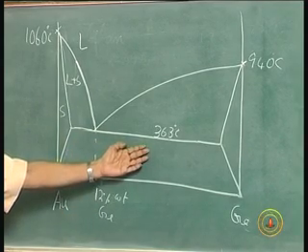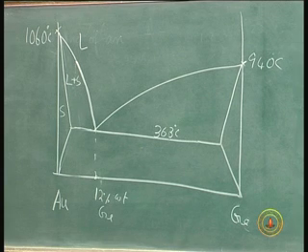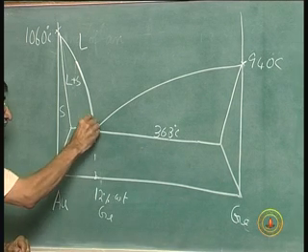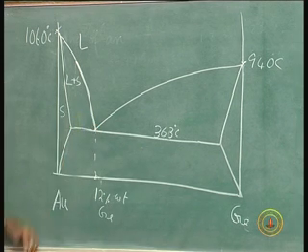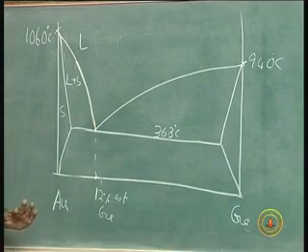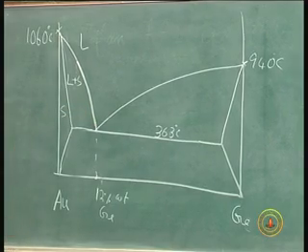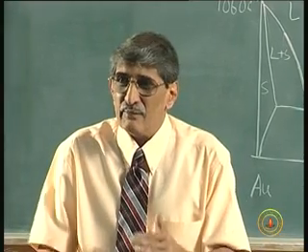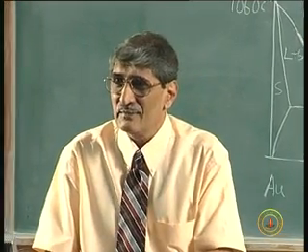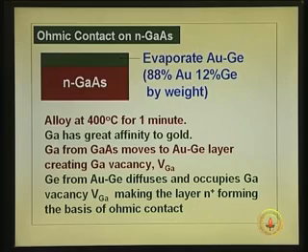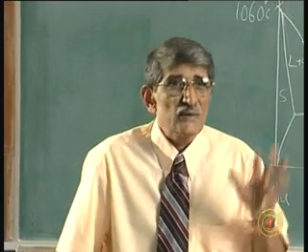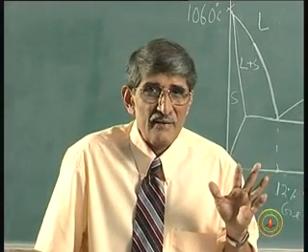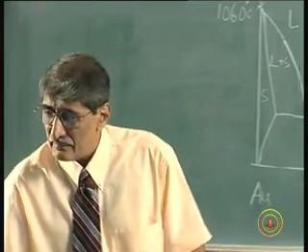So, the nice thing that happens is you go to 400 degrees centigrade, somewhere up there, slightly above. Okay, two things happen. Ultimately, when you do this alloying at 400 for 1 minute, you get the ohmic contact nicely onto gallium arsenide. The mechanism is like this.